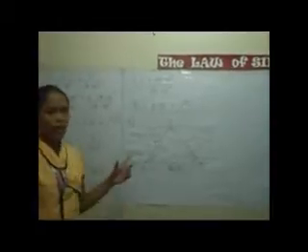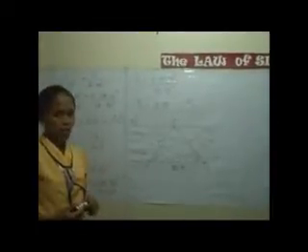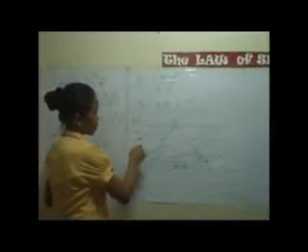Okay, let's look at example number 3. A surveyor wants to determine the distance across the river. So this will be our river.